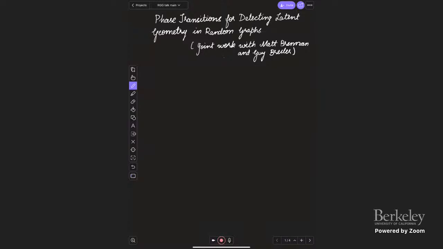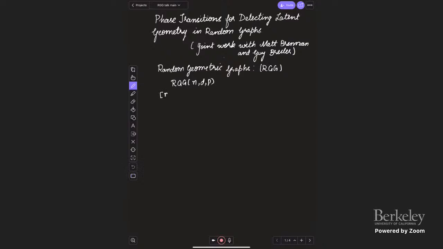It is going to be about random geometric graphs, which we will denote by RGG. More specifically, we'll denote it as RGG(n, d, p).